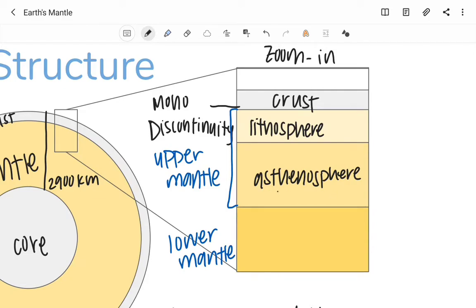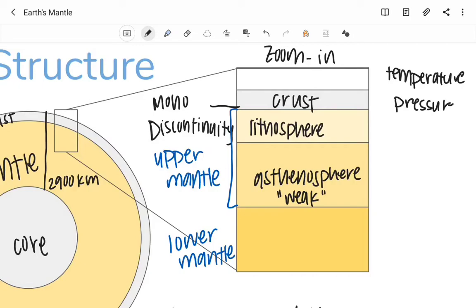Now, the asthenosphere is a softer rock layer, and it's what's known as comparatively weak. So the asthenosphere is still mostly solid rock, but combinations of temperature and pressure cause the asthenosphere to weaken.